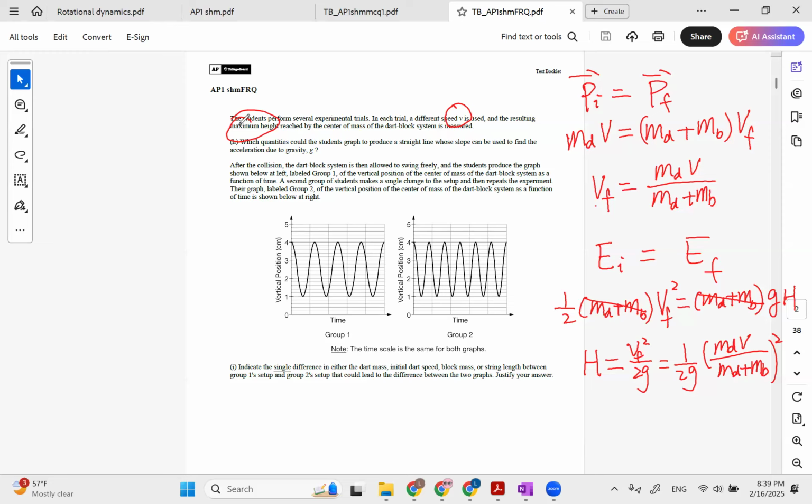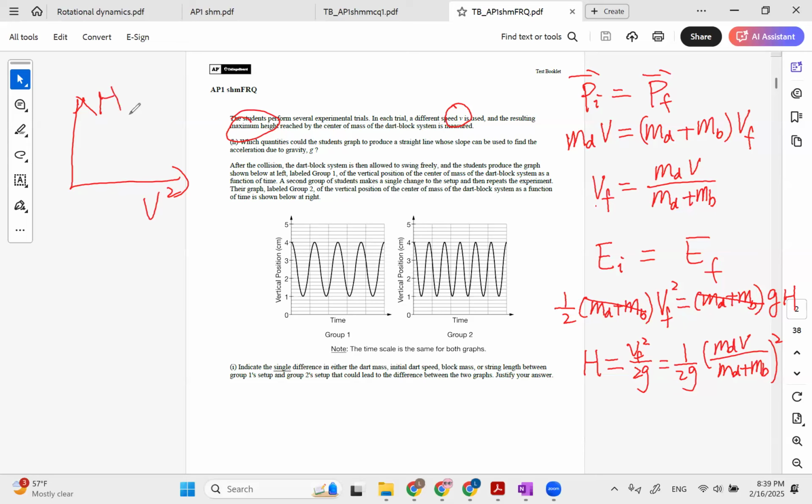V squared on the x-axis or y-axis? What is it? X-axis? Okay, v squared on the x-axis. Then what is on the y-axis? V squared is not enough. You need to say H on the y-axis. Okay, yeah.